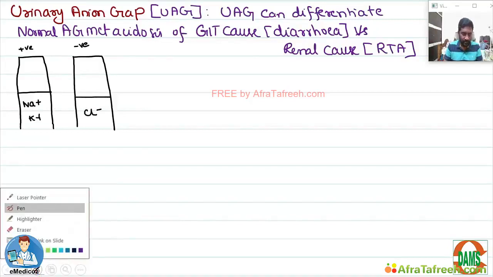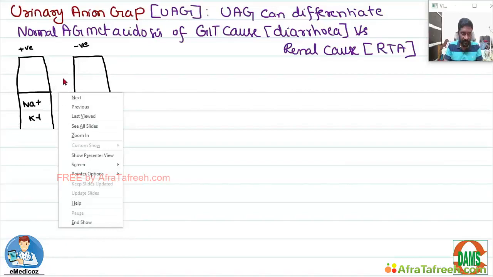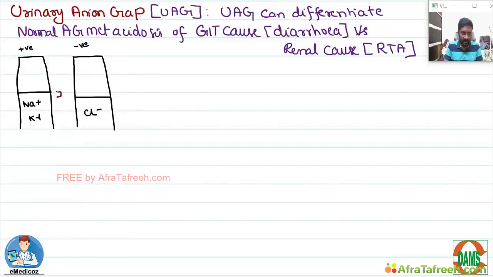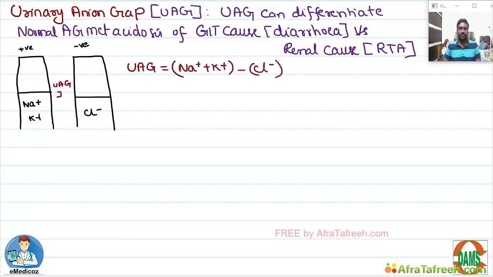Between measured positives and measured negatives, a very slight gap called urinary anion gap can exist. So the formula in the urine is different. Urinary anion gap is measured positives minus measured negatives within the urine.